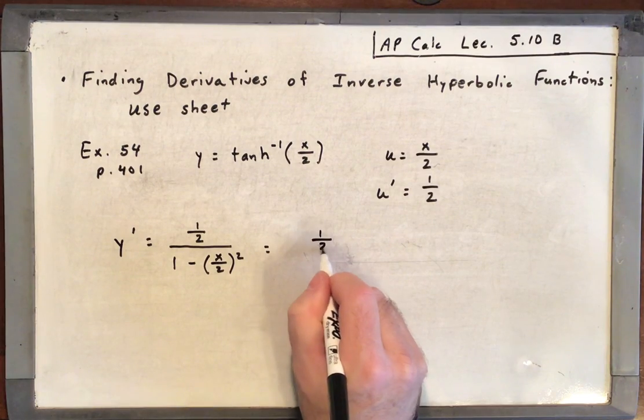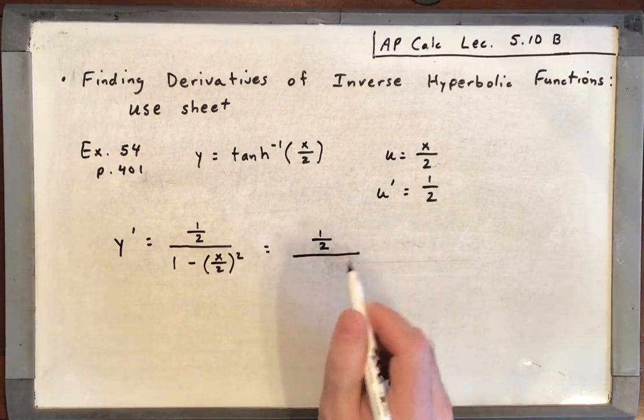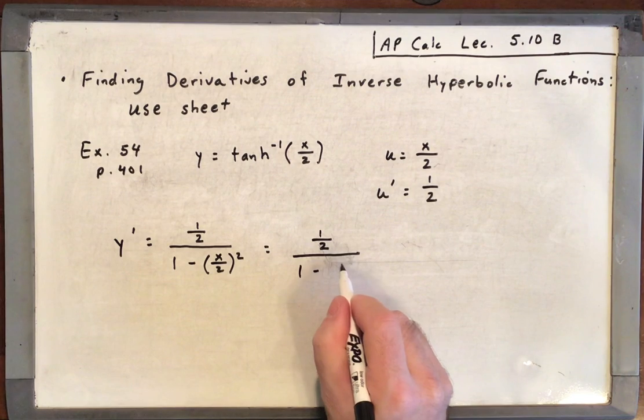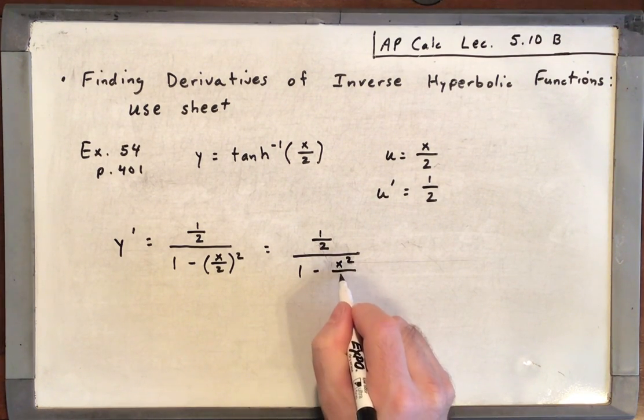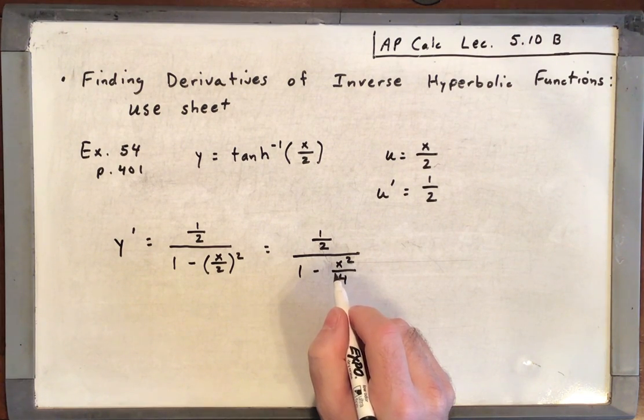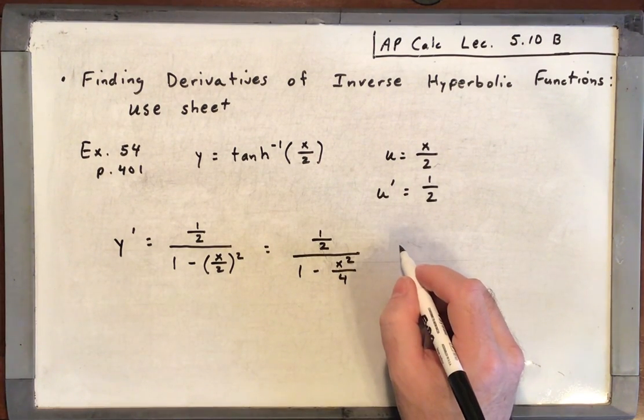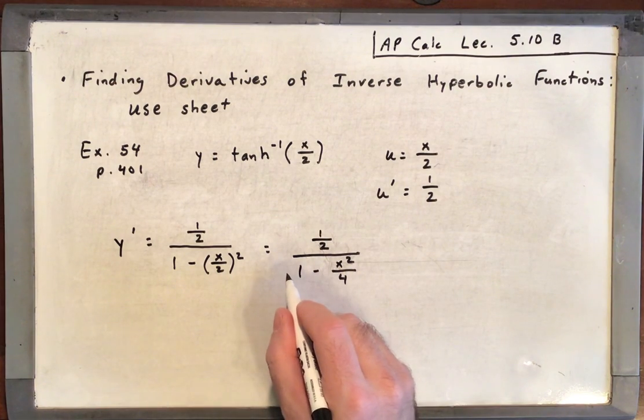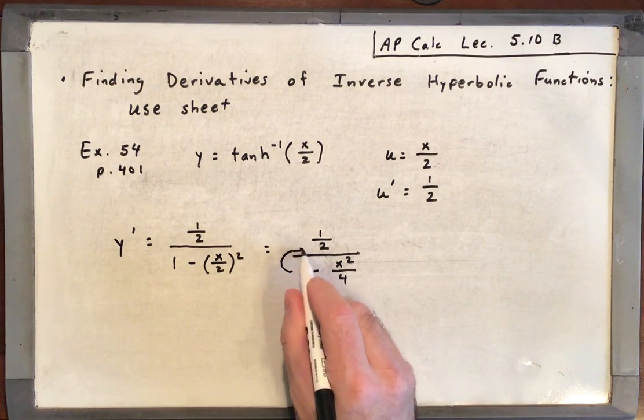Now we want to just clean it up. Try to simplify this fraction. So 1 minus x squared over 4. All right, so let's move this whole bottom up one level next to the 2.